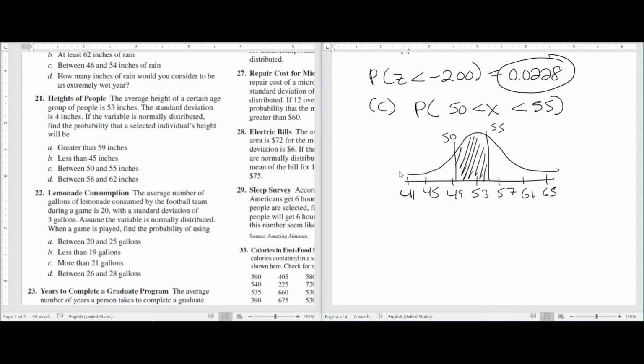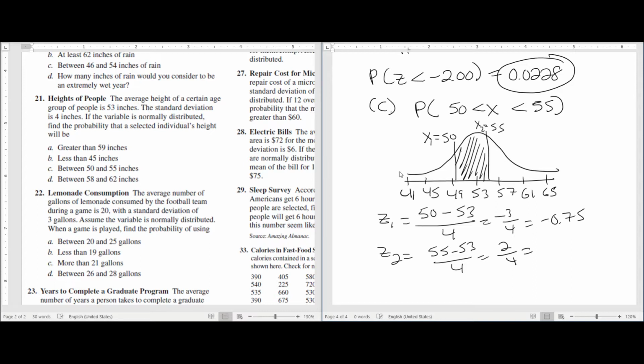I'm going to call this x1 and this x2, and calculate those 2 z-scores. So z1 is 50 minus the mu over the sigma. So this is equal to negative 3 over 4, which is negative 0.75. And then z2 is 55 minus 53 over 4, which is 2 over 4, which is positive 0.50.